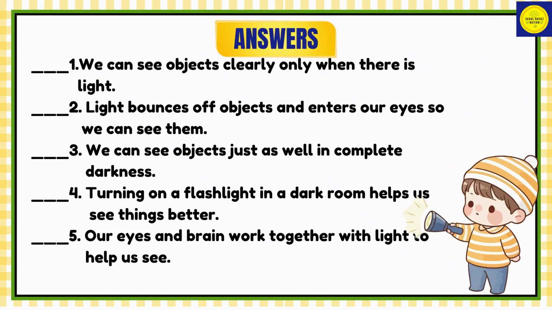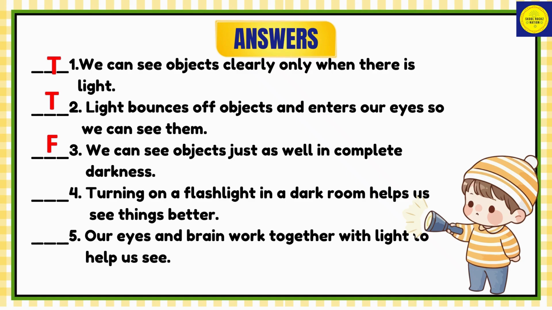Here are the answers. 1. We can see objects clearly only when there is light. T. Number 2. Light bounces off objects and enters our eyes so we can see them. T. Number 3. We can see objects just as well in complete darkness.